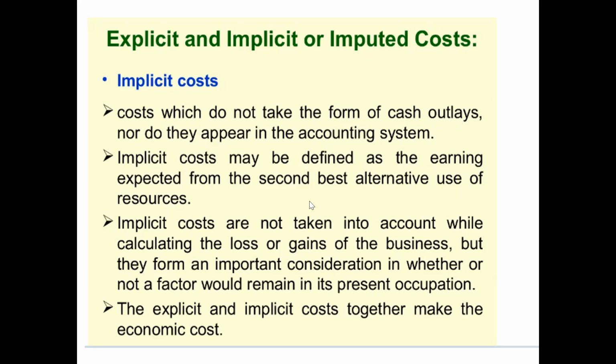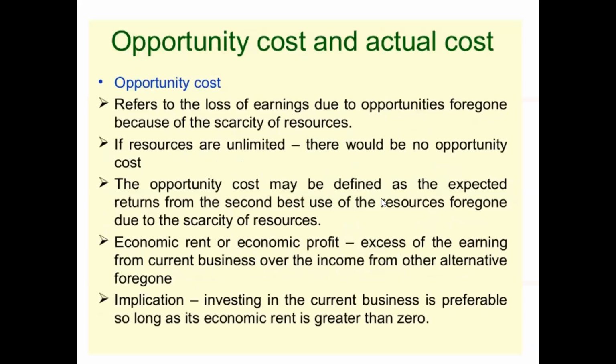So implicit cost may be defined as the earning expected from the second best alternative of your factors of production. The implicit costs are not taken into account in the accounts subject when we are calculating loss or profit in the business. But in economics, we consider this implicit cost.